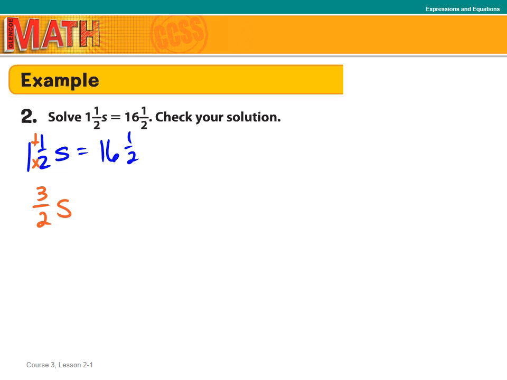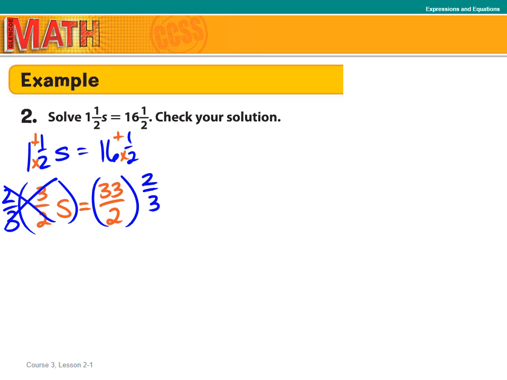So I have 3/2 times s. Do the same thing on the right hand side of the equation. 16 times 2 is 32, plus 1, I have 33/2. Like example 1, I'm going to multiply by the multiplicative inverse, or the reciprocal. The reciprocal of 3/2 is 2/3.